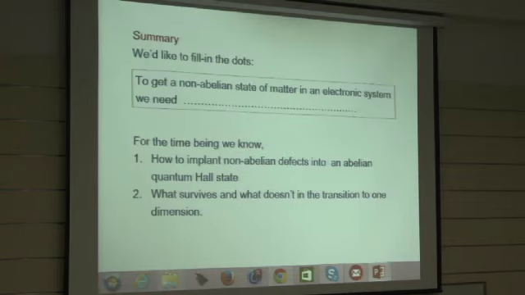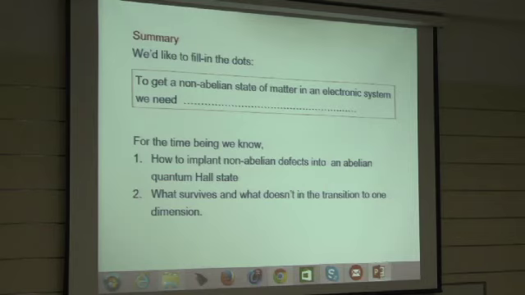So to summarize, let me say one sentence about, in some sense, the motivation behind these works. What I really would like to be able to say is to fill this dotted line. I would like to get to a level of understanding of this issue of non-abelian states of matter, of ground state degeneracies which are topologically protected, that corresponds to the level that we understand Bloch bands or band insulators, something like that.